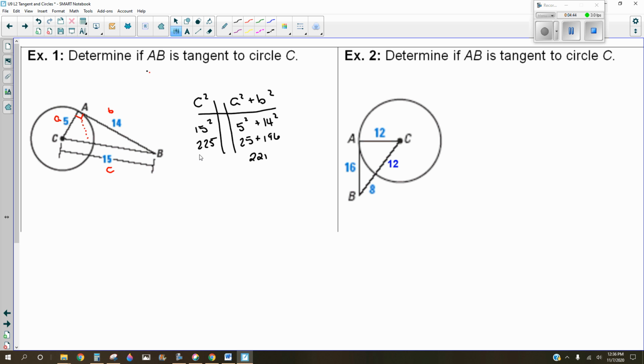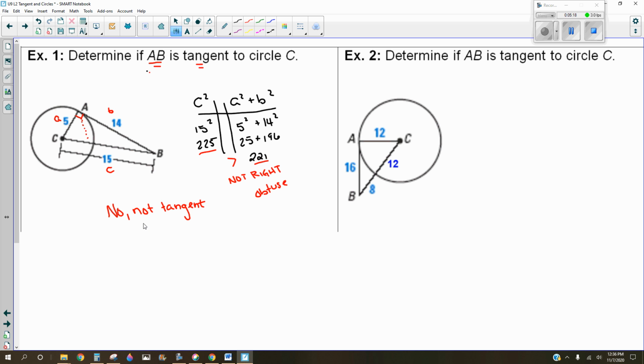I'm comparing 225 and 221. 225 is larger. This is not equal, so it's not right. This is actually obtuse. So to answer the question, is AB tangent? My answer is no, not tangent. If this had been equal, then yes, it would have been.